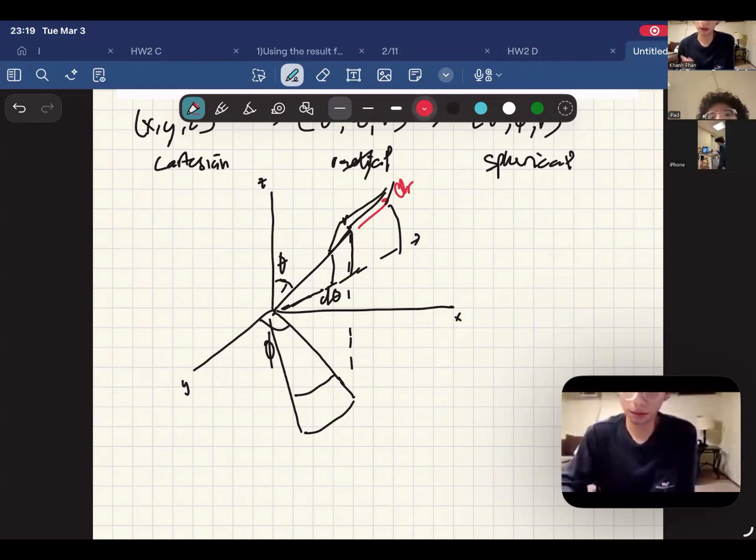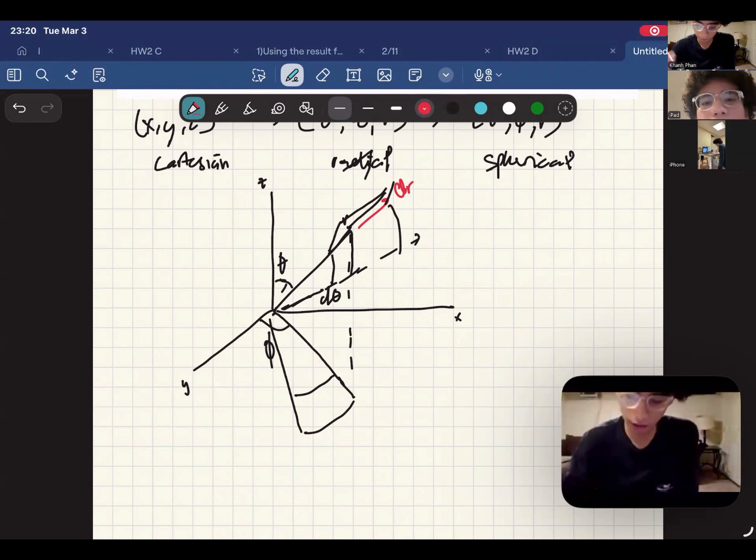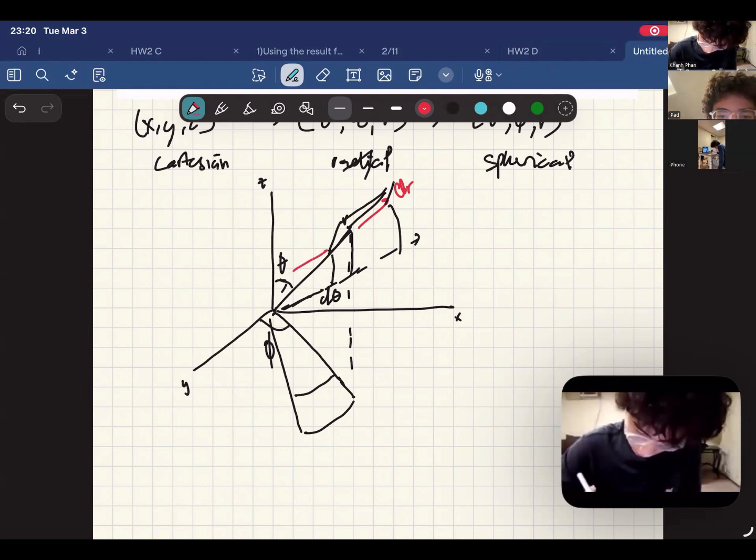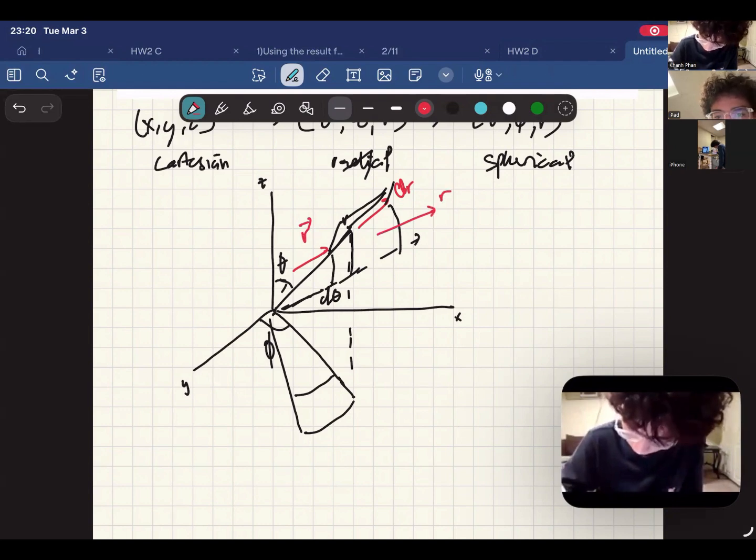So we would have heat flowing in three directions. The first direction would be the radius direction that goes through here.